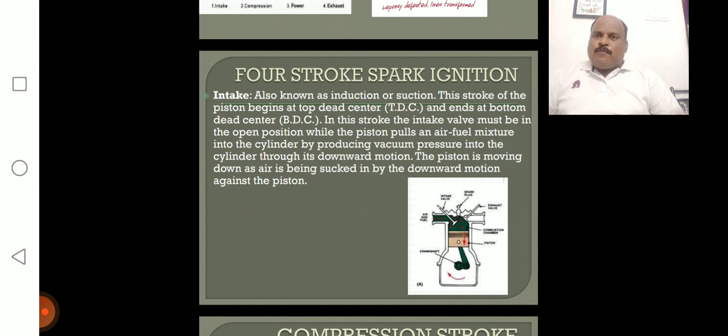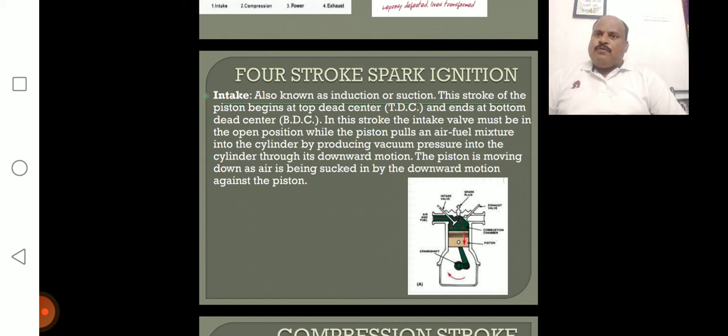When the intake valve is open, that time only the piston is sucking air and fuel mixture inside the cylinder by producing vacuum pressure through its downward motion.